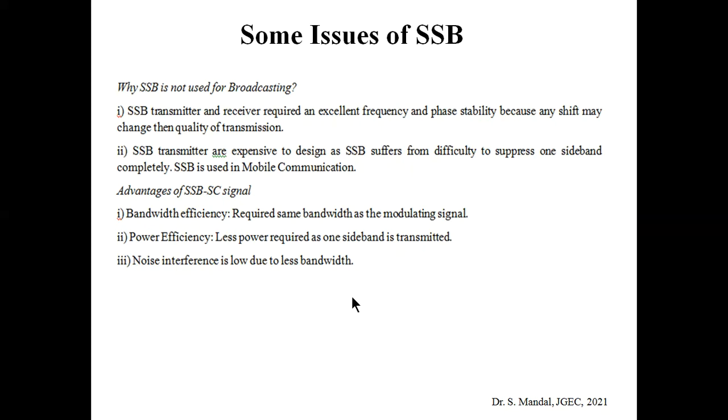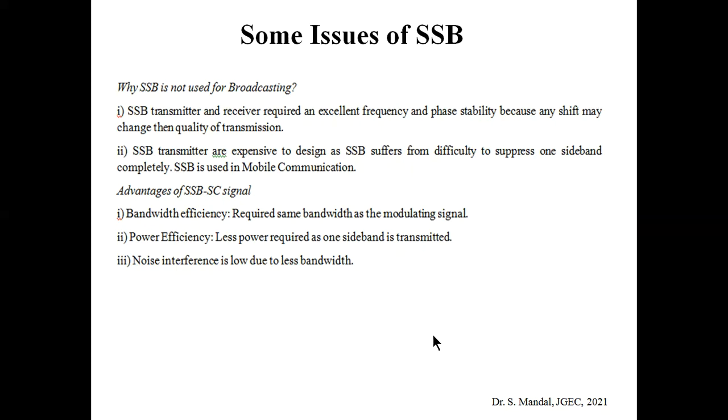Despite these advantages, SSB is not popular for broadcasting. Why? Because designing an SSB transmitter or receiver requires very sophisticated phase and frequency stability of the components, because we need to design a 90-degree phase shifter that should be accurate at higher frequency.